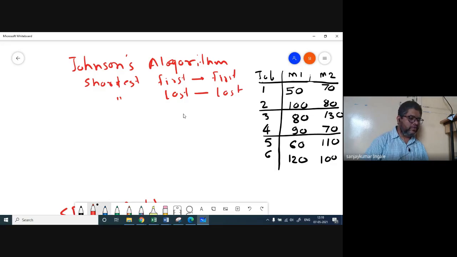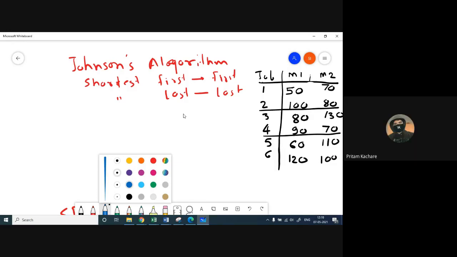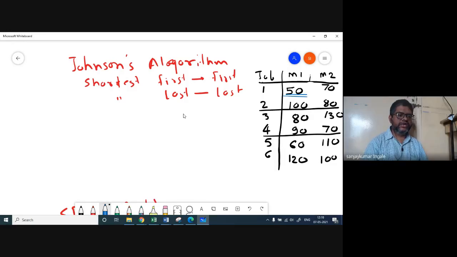Okay. Now tell me. Out of this, which is the shortest operation, shortest processing time? 50 is the shortest, and 50 is the shortest time for the first operation. So job 1 must be scheduled first.